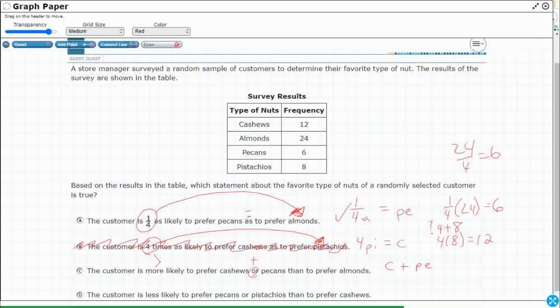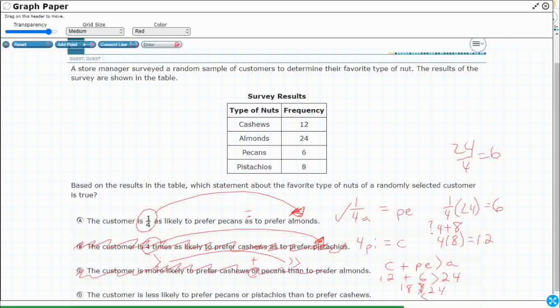All right, so this more likely goes right here, prefer almonds. Okay, so I've got 12 plus my 6 pecans greater than 24. No, 18 is not greater than 24. If you were to say less than, you would be fine, so it's definitely not C.